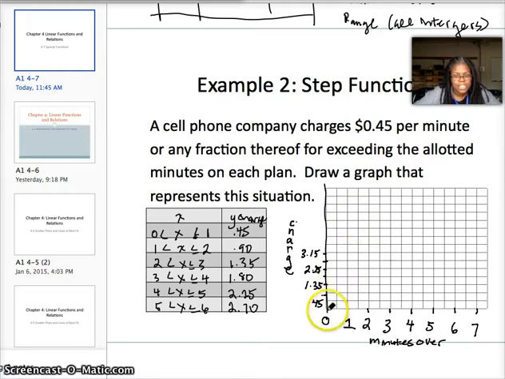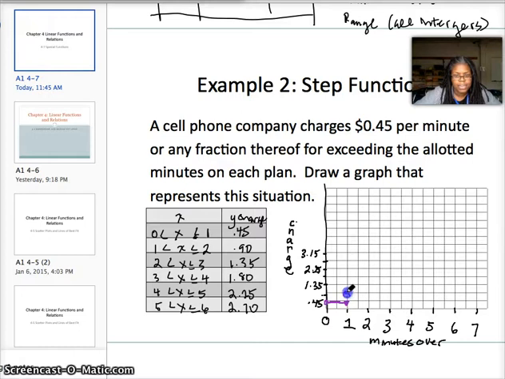And so as long as the person is over, at 0 we're going to have an open circle. But as long as you're over up to a minute, you're going to be charged 45 cents up to that minute. But as soon as you go over that minute, as soon as your time over is beyond that minute, your pricing ups to another 45 cents, which is going to give you 90.